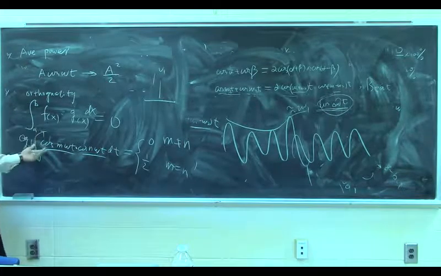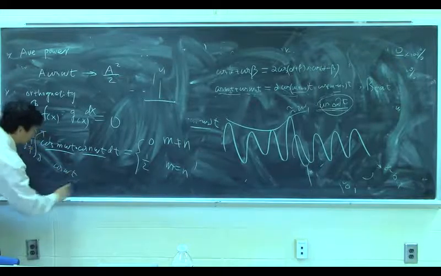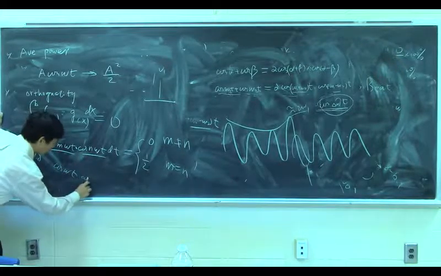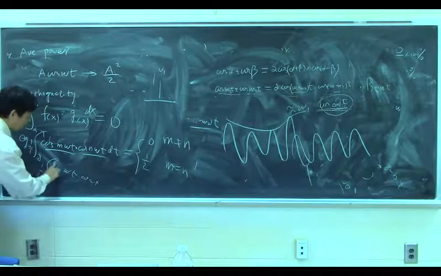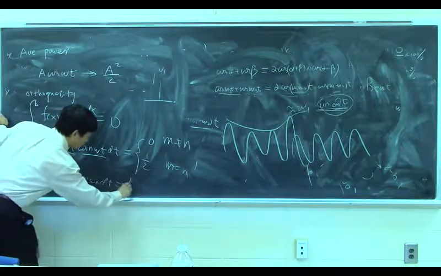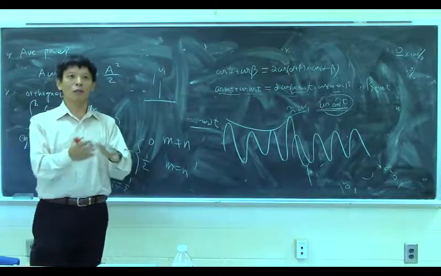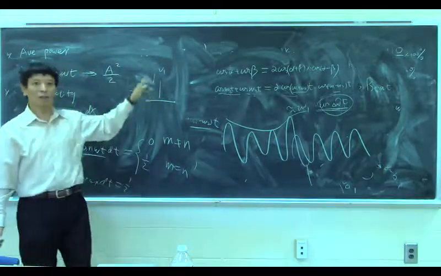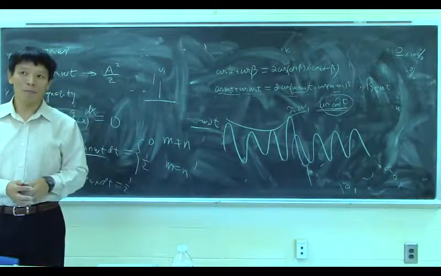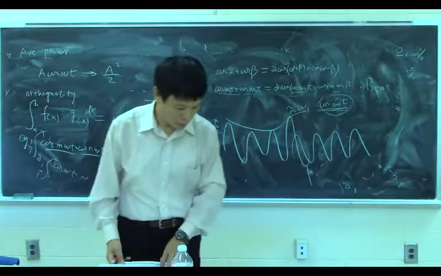If they are the same frequency, for example cosine omega t times cosine omega t itself, the integration dt will equal half. So a signal with itself is not orthogonal. That's for sure. If there's only one signal, it's not orthogonal.